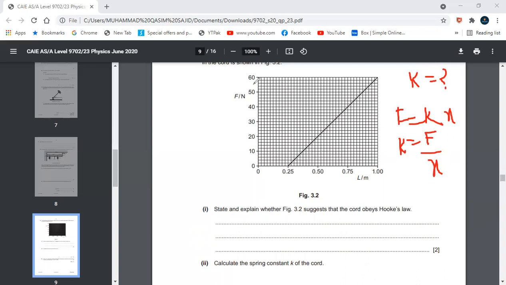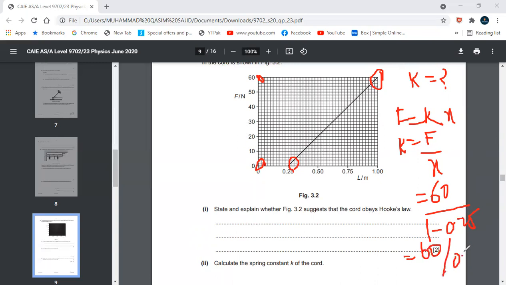Force is the final force, that is 60, minus the initial force, 60 minus 0 equals 60, divided by the extension. The total extension is 1 minus 0.25, that is 0.75. So it equals 60 upon 0.75.